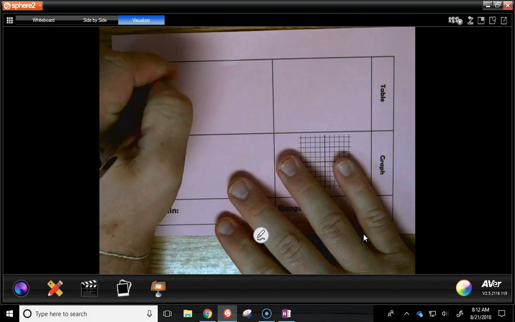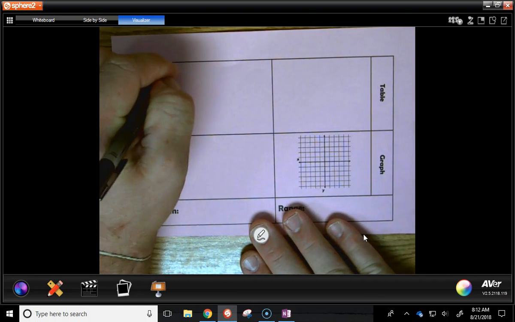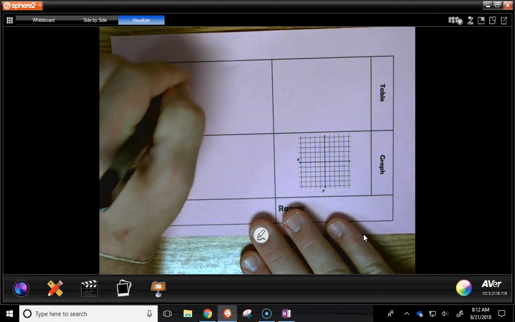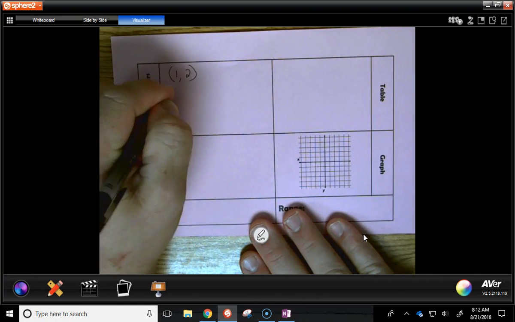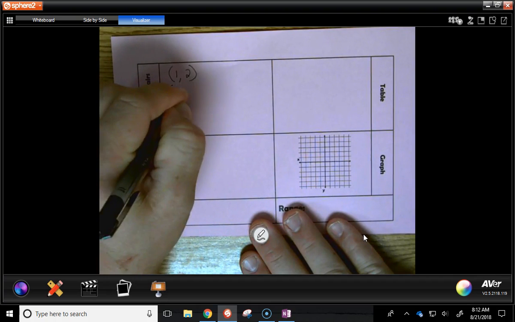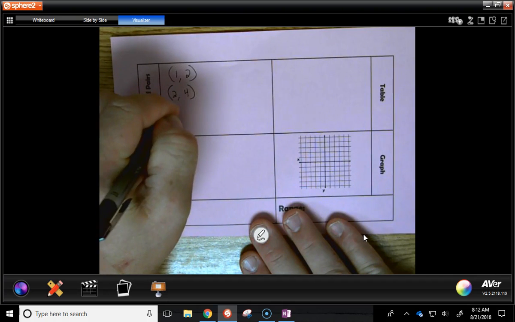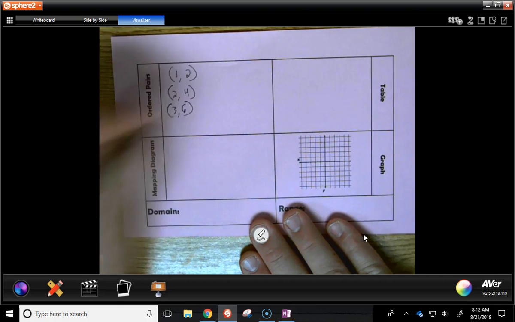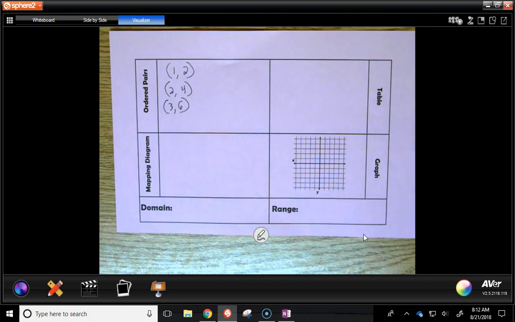So, I'm just going to go ahead and do this, like 1, 2, 2, 4, 3, 6. This is how we're listing our ordered pairs. You put the parentheses around so you know which ones go together.